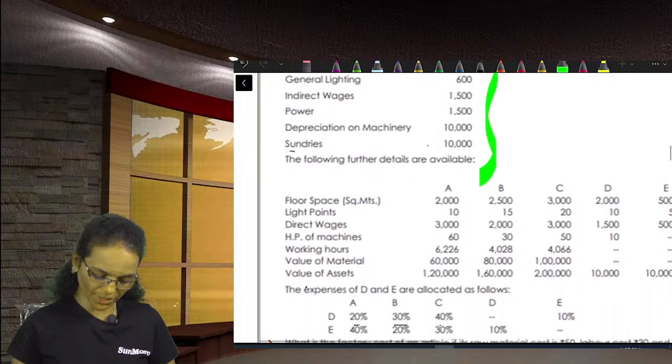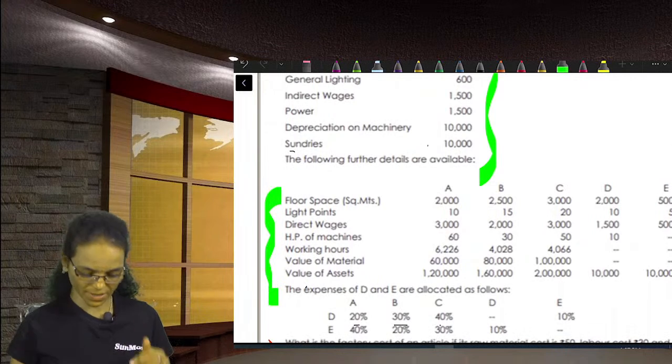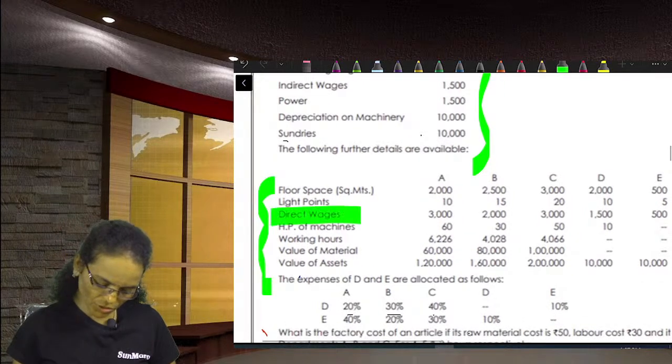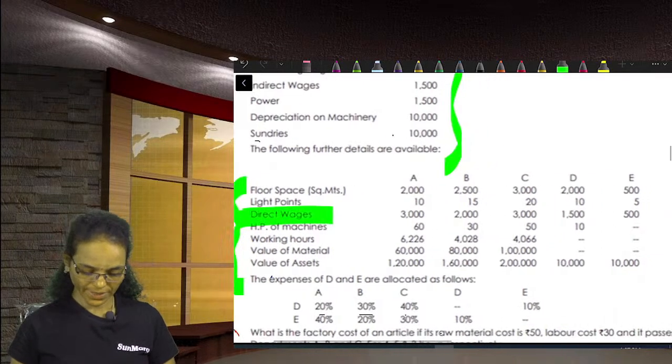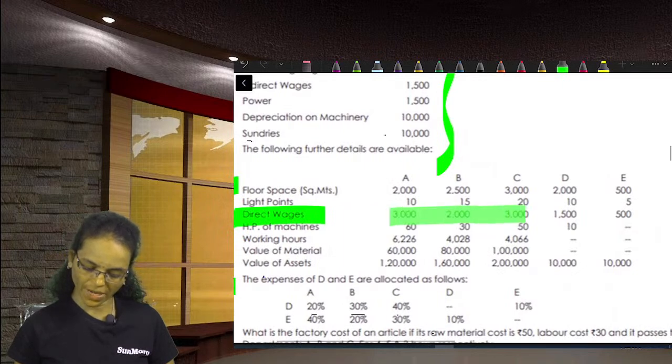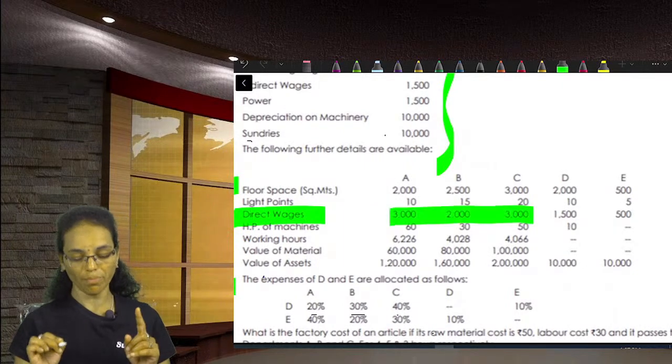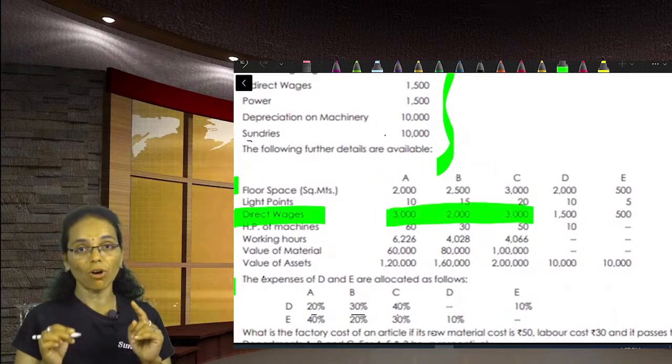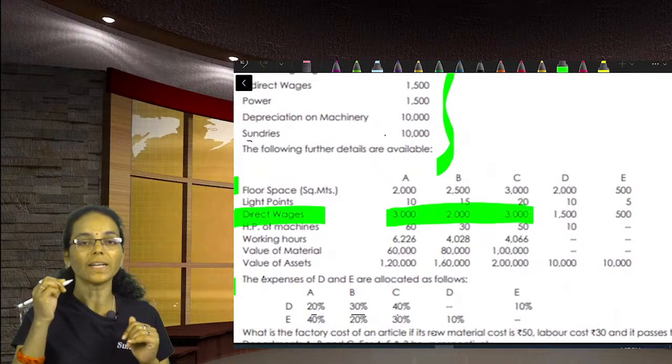But coming to the basis, here direct wages is also given. Direct wages for departments A, B and C, these are the production departments. This is the production department cost, it will be added in the direct cost.